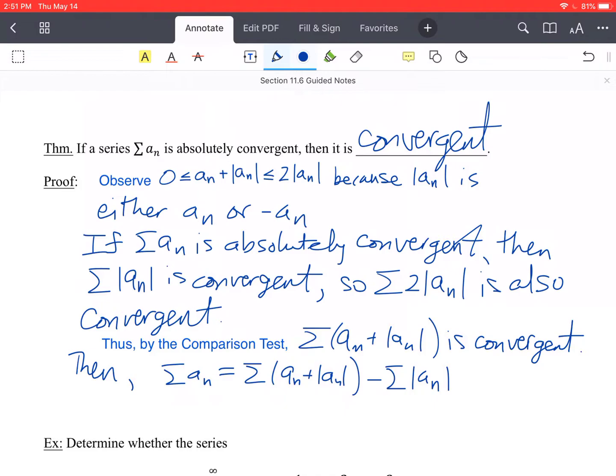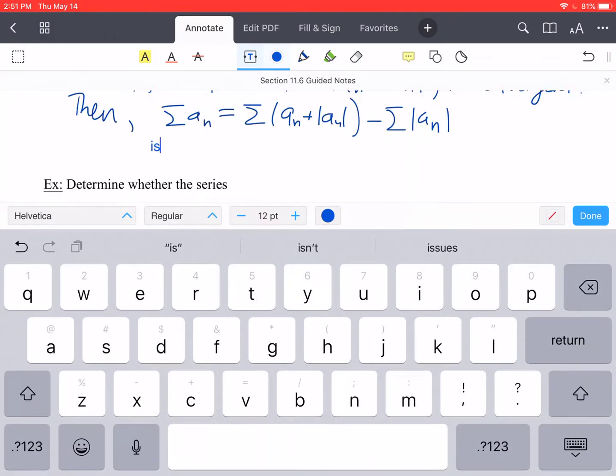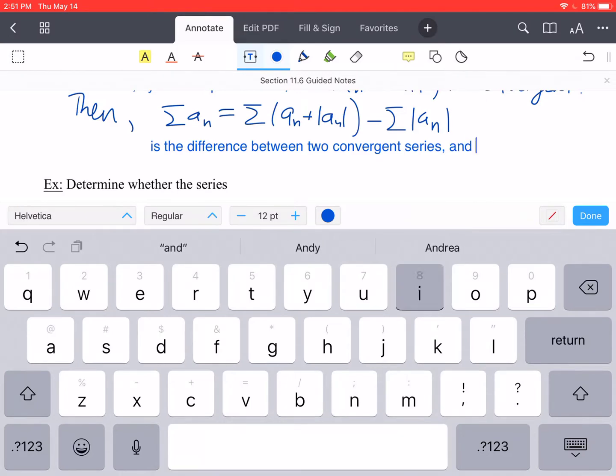So then this series is the difference between two convergent series, and is thus convergent.